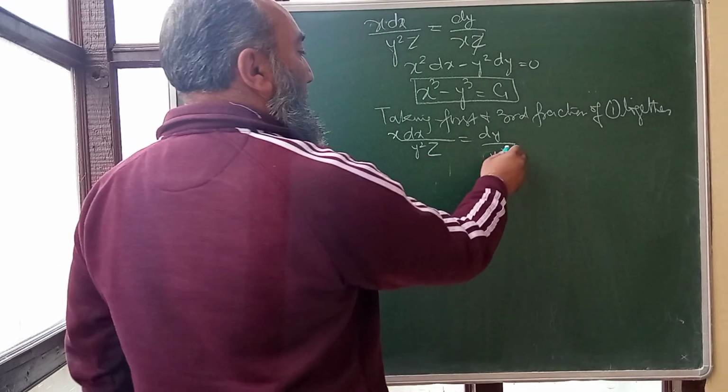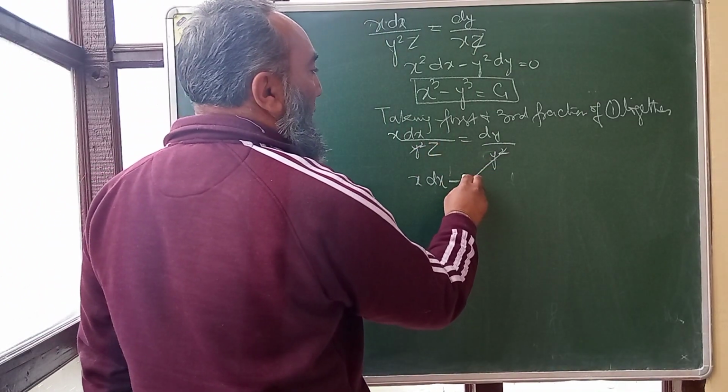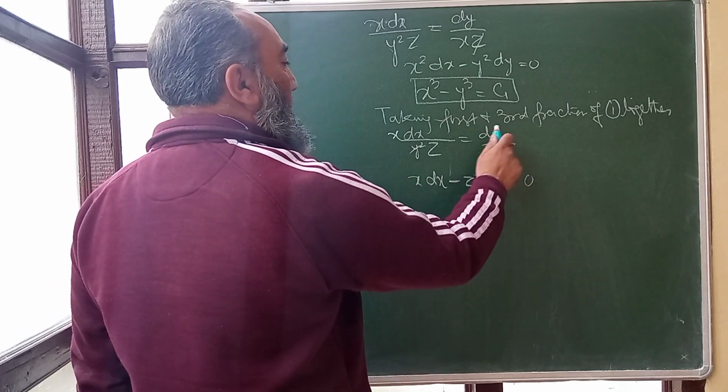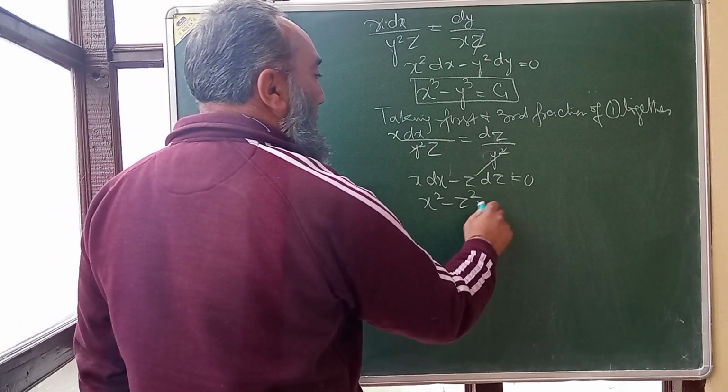What we will get? x dx minus z dz equal to 0, which gives us x square by 2 minus z square by 2 equals c2.